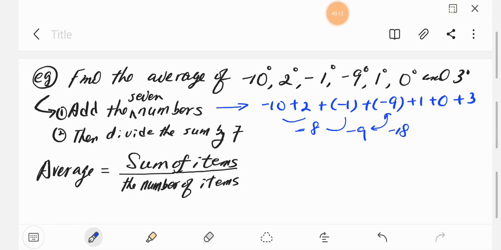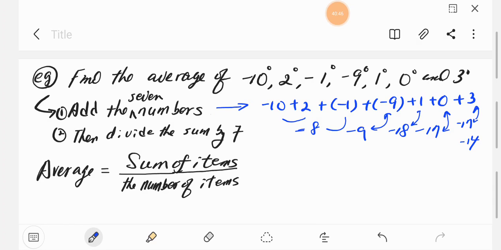Same sign, so add and use the same sign. And this 1 is what? Different sign, so subtract the smaller absolute value from the larger absolute value. So 18 minus 1 is 17, and then put the negative sign. That is negative 17, right? And add this one, which is negative 14. So the sum of these 7 numbers is negative 14.